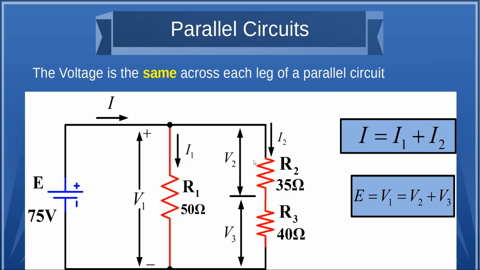So we actually have a series and parallel combination circuit. But the voltage across this resistor is going to be equal to the voltage across the battery. The voltage across these two resistors is going to be the same as the voltage across the battery, or the voltage across this resistor.